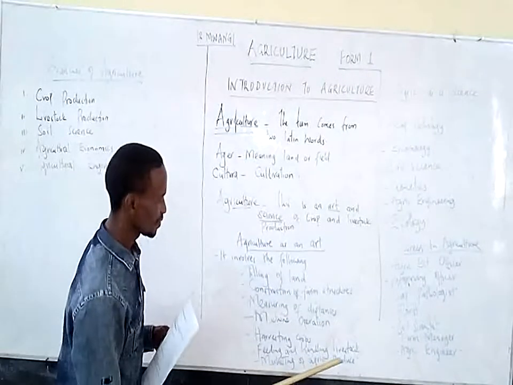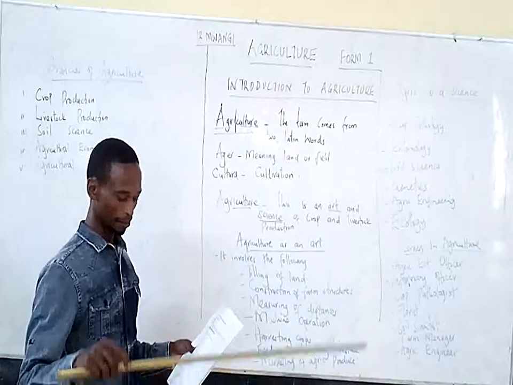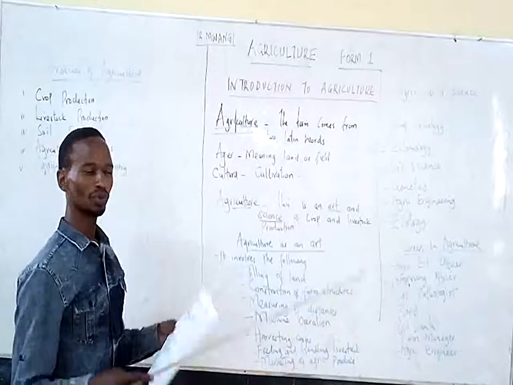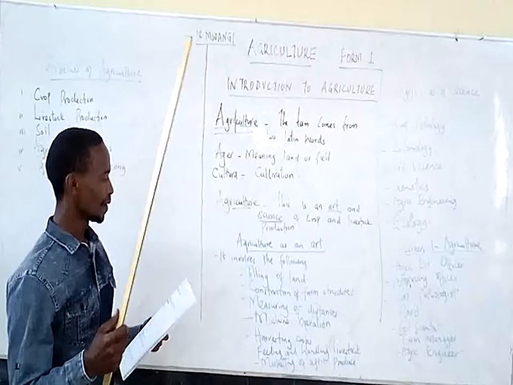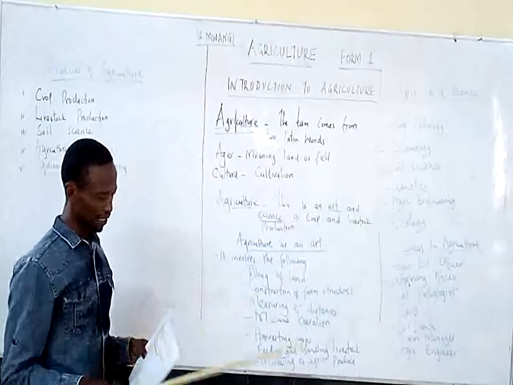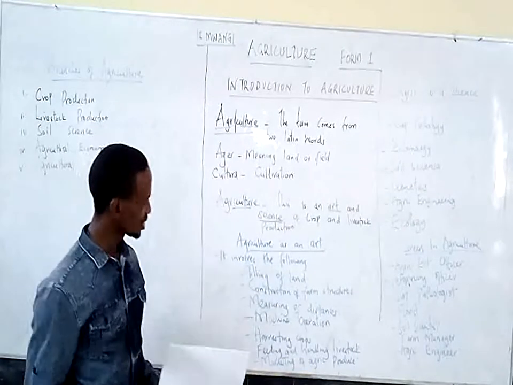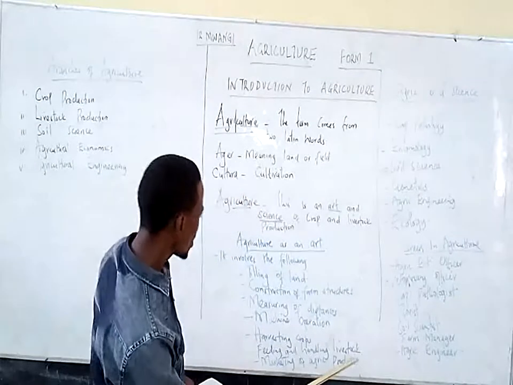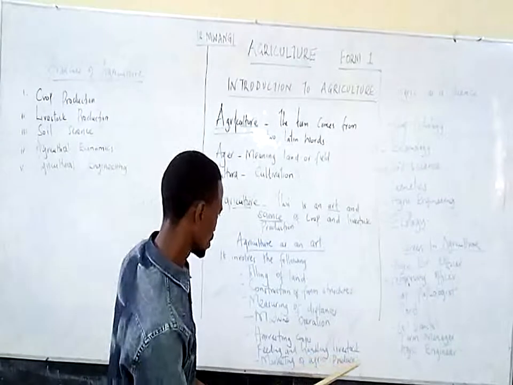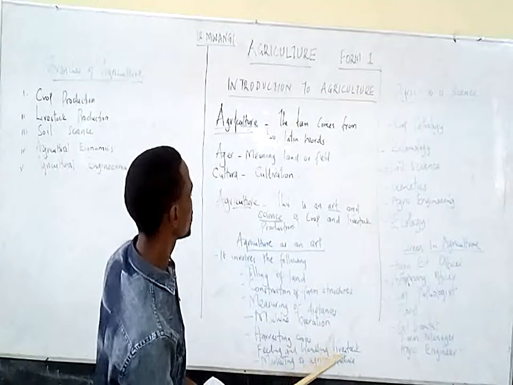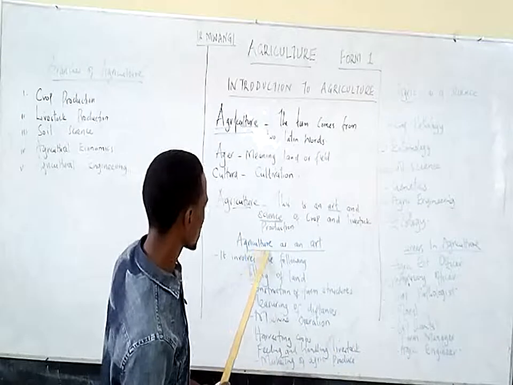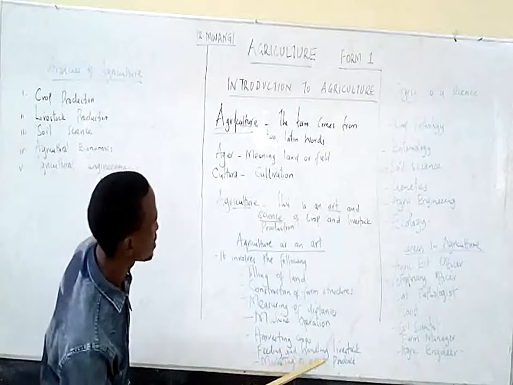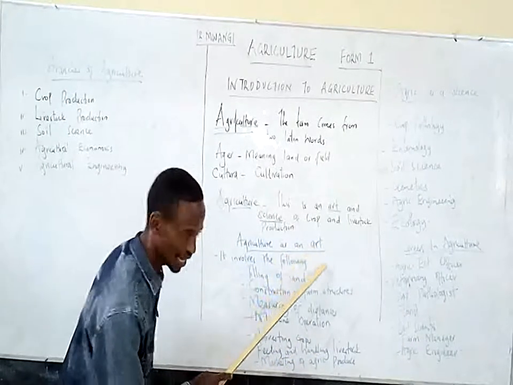Handling of livestock includes calf rearing when you are feeding the calf, and livestock management practices such as dehorning, castration, and branding. The various methods used in feeding and handling livestock mean that you apply agriculture as an art.